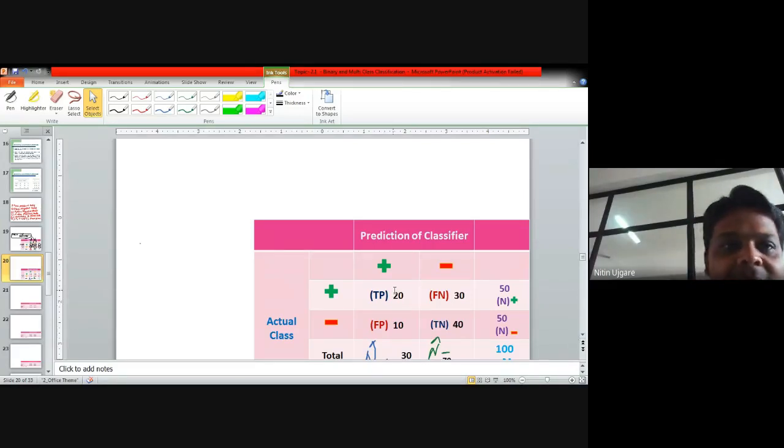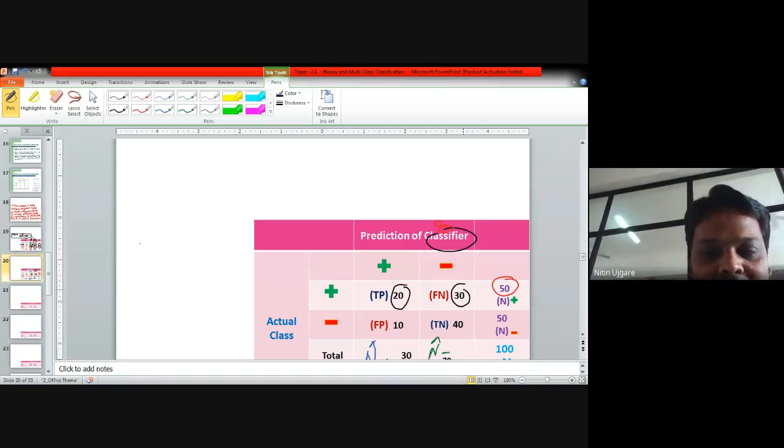In this confusion matrix, the data given is that the number of positive class instances is 50. Out of these 50, my classifier has predicted 20 positive instances correctly and 30 positive instances have been misclassified. In the same way, there are a total of 50 negative instances in the data set.